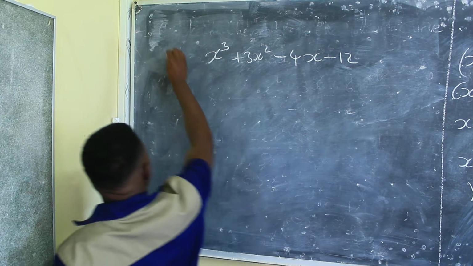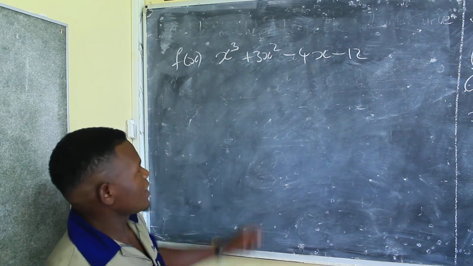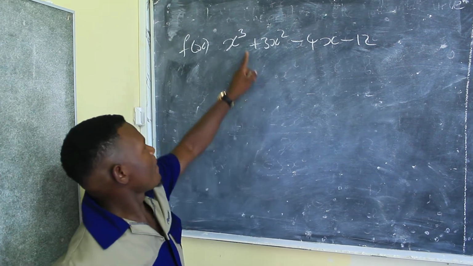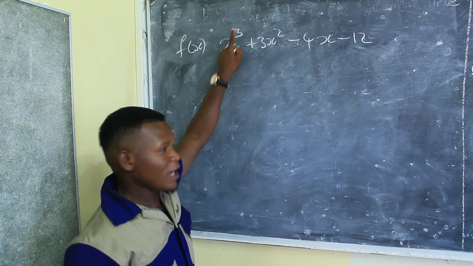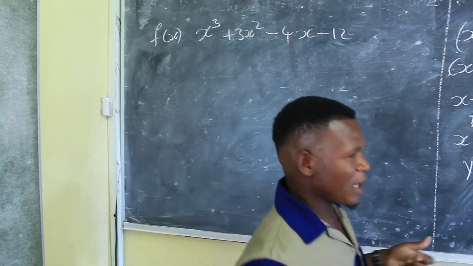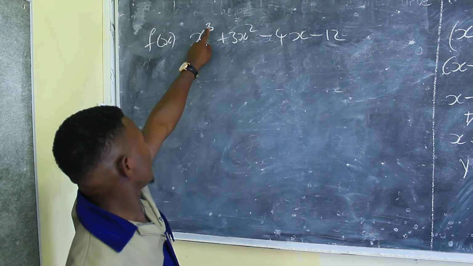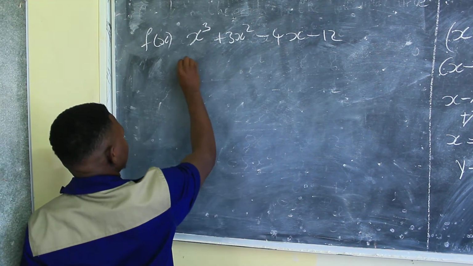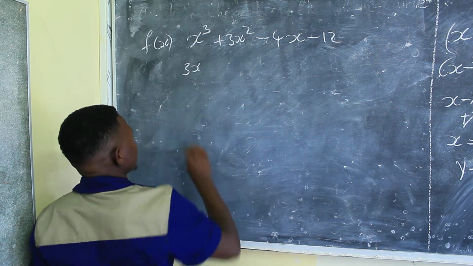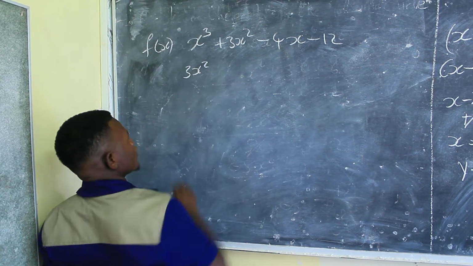So it was f of x. Let us use the derivative. What happens is that you multiply the power with the coefficient and then reduce the power by 1 degree. Now here, 3 multiplied by 1, you get 3x. Now 3 minus 1, we are reducing by 1, it becomes 2.